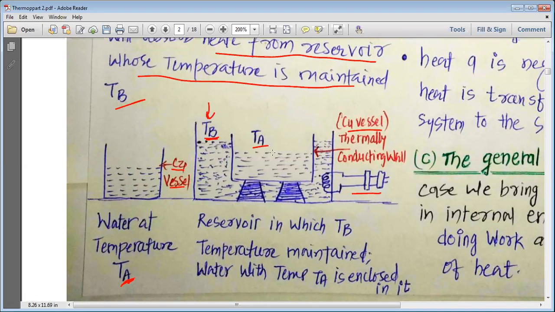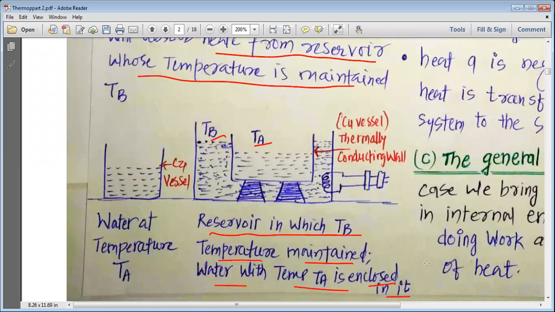So you can easily understand that we have this vessel whose temperature is TA, we have another vessel whose temperature is TB, and finally we keep it for some time. You can see that I have written here the reservoir in which TB temperature is maintained, and water with the temperature TA is enclosed in it.